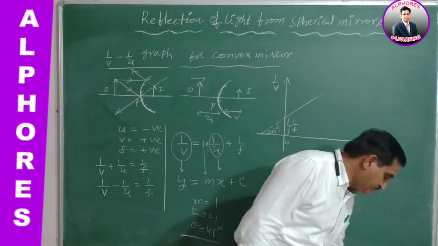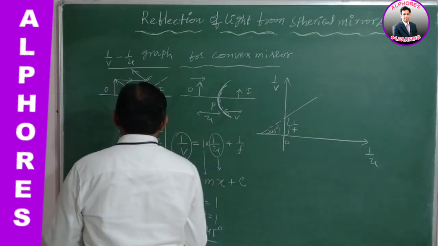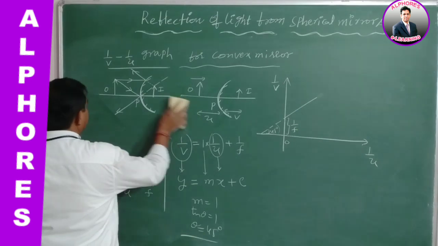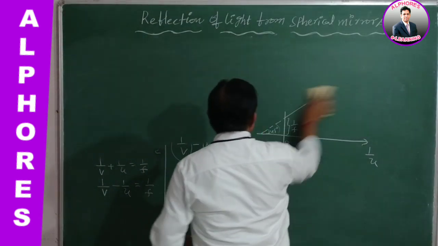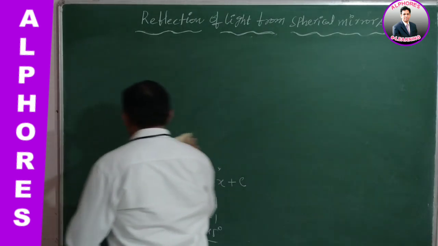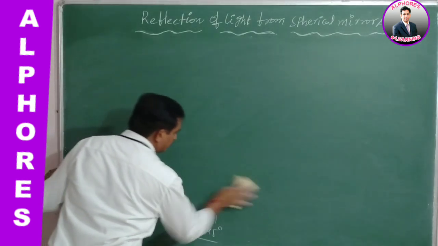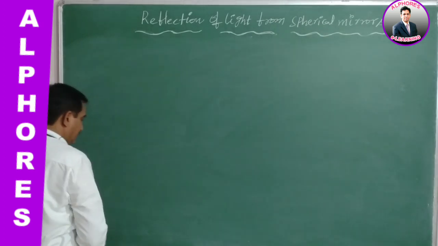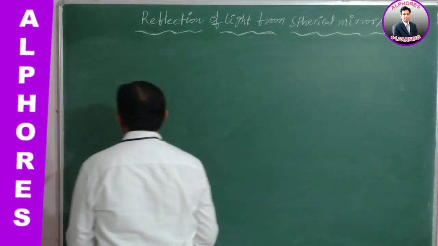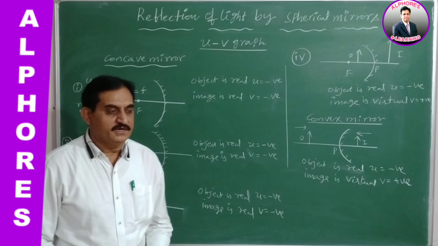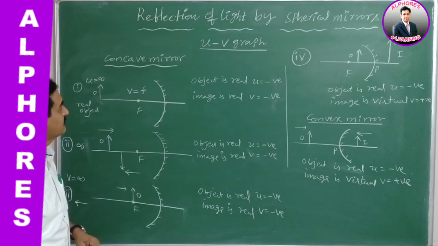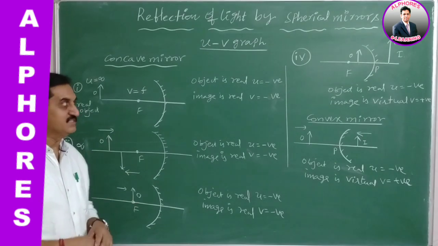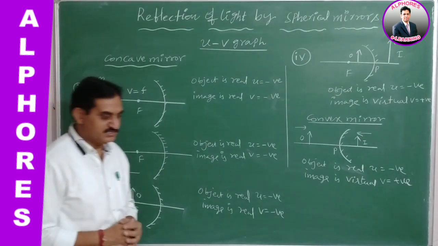Next, the u-v graphs related to both concave and convex mirrors. Let us go for u-v graphs, coming to the u-v graph of spherical mirrors. u is the object distance, v is the image distance.